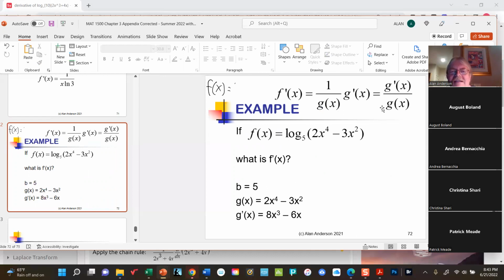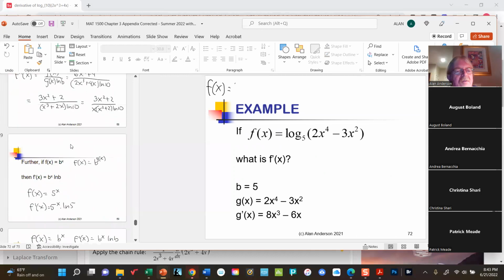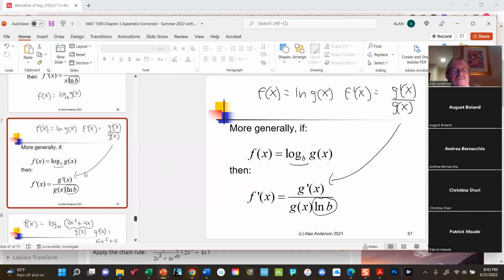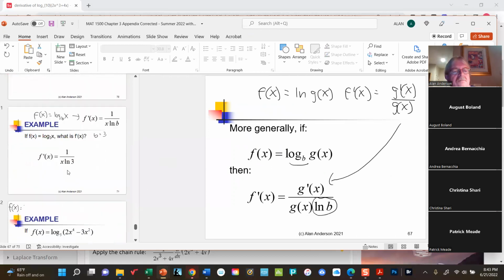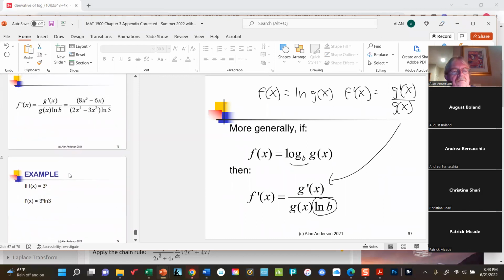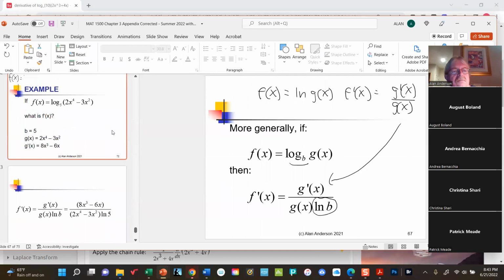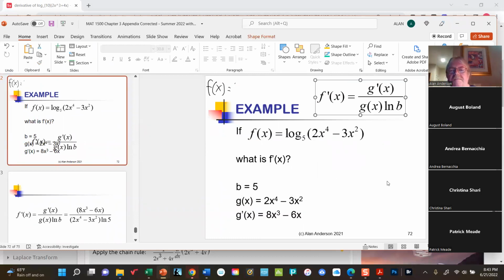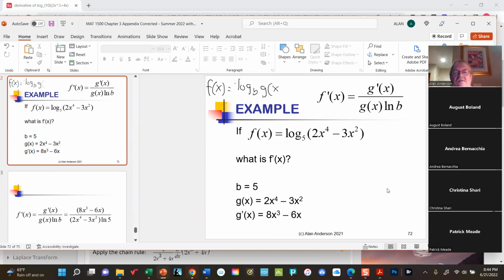Oops, no, that's not the right one. That was meant for natural log. Sorry. Let me go grab the right one. This one. Yes, here we go. Yep, now we're good. Okay, so it's log, not natural log, base b of g of x.